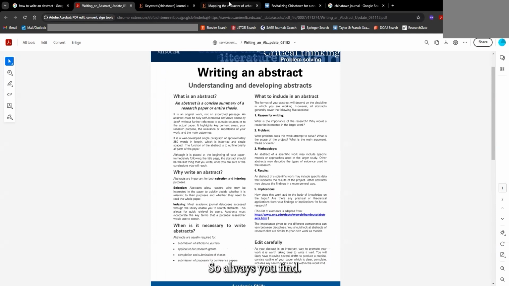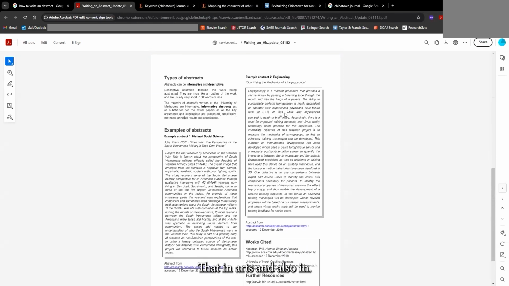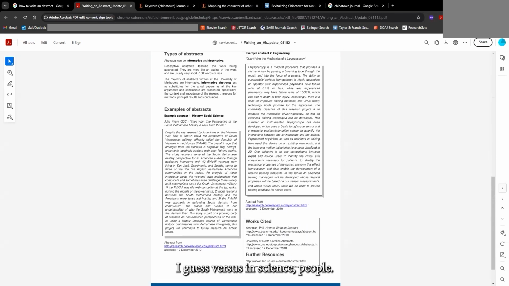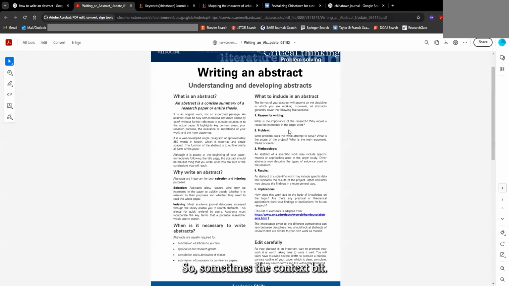You'll find that in arts and, I guess, versus in science, people write their abstract in very different language and with very different flows of the things they're writing about. But that doesn't matter. Sometimes the context bit, so elements 1 and 2, can change quite a bit, but the methodology is usually pretty obvious.